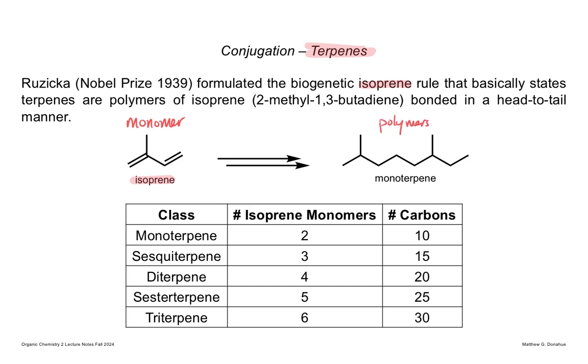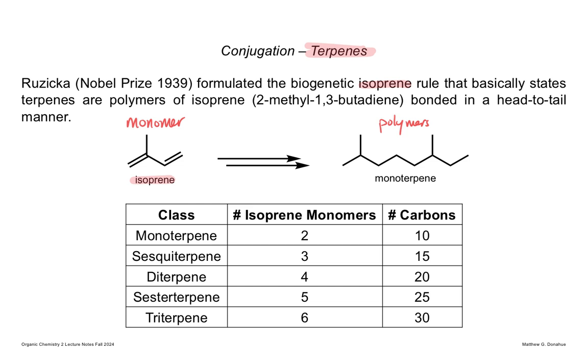So in polymer chemistry, synthetic polymer chemistry, the monomers will look a lot different. But this is a monomer that nature uses, basically to form carbon frameworks. And so again, isoprene is 2-methyl-1,3-butadiene, and the biogenetic rule states that they come together in this head-to-tail manner.